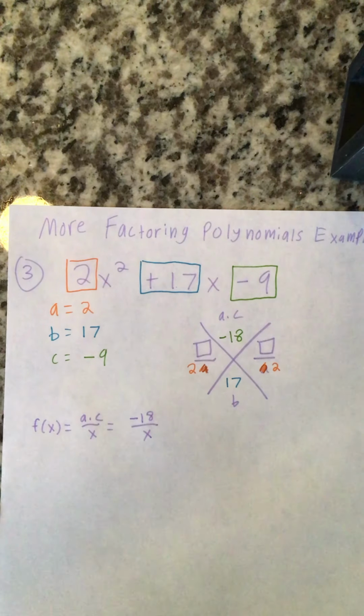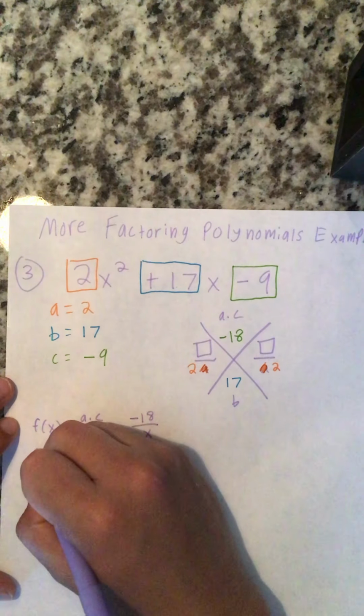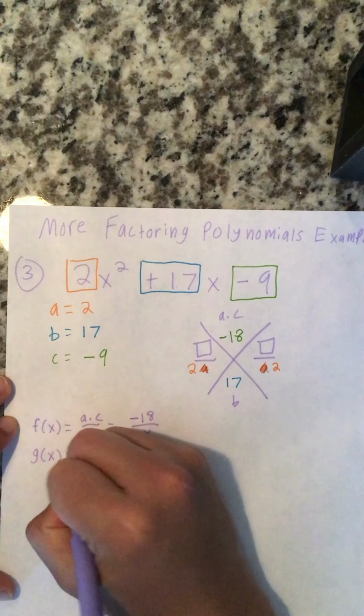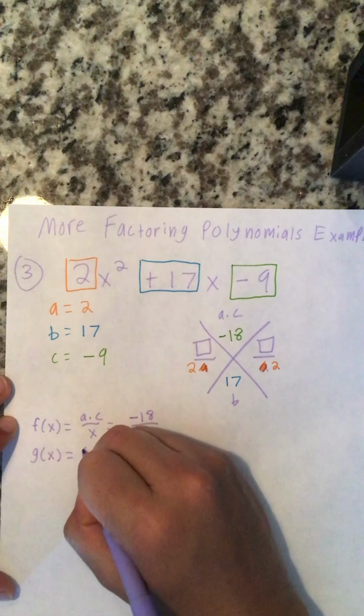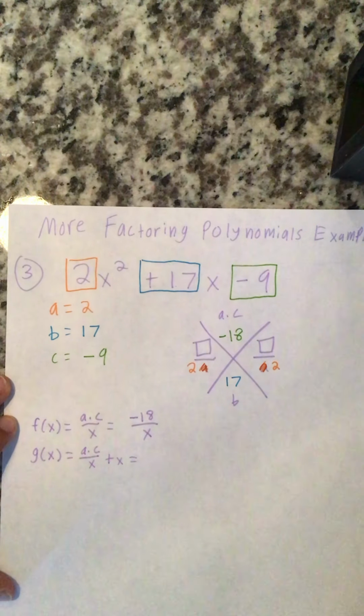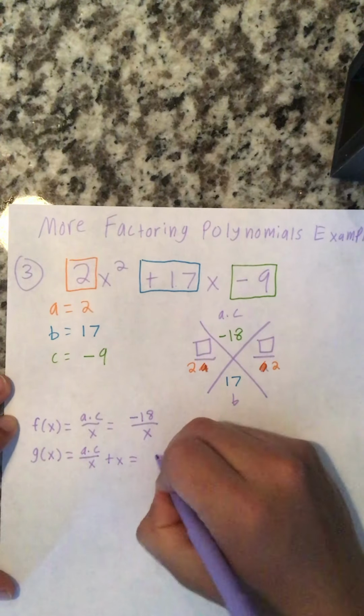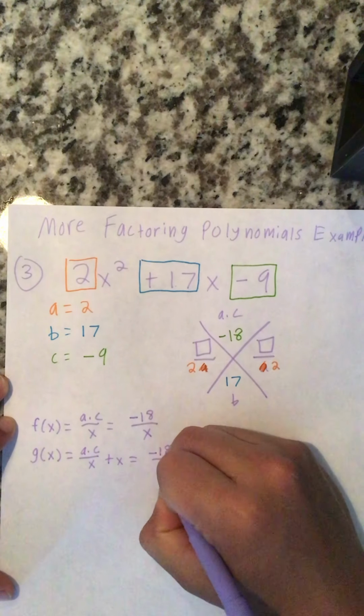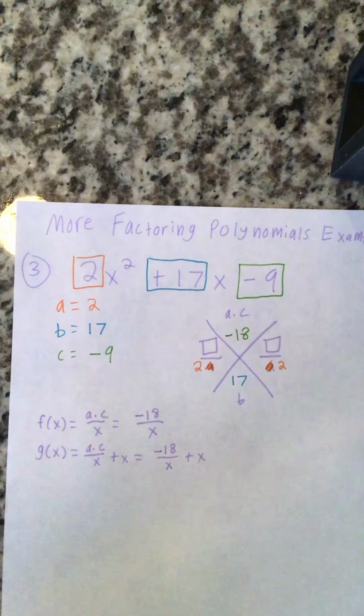That's one equation. My next equation is g of x, which is A times C over x plus x, so negative 18 over x plus x, okay? Boom, we got both, okay?